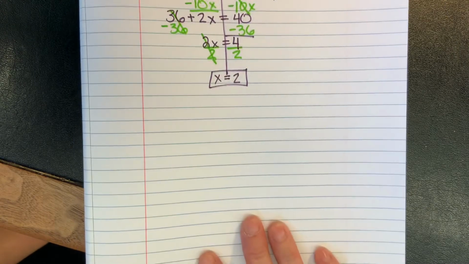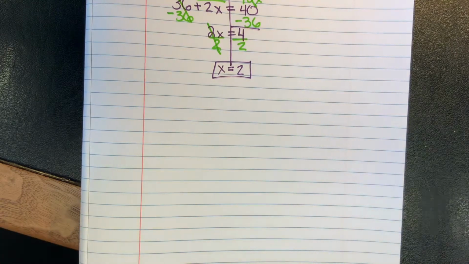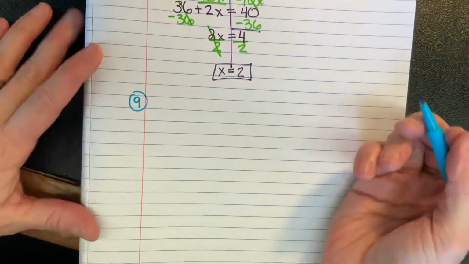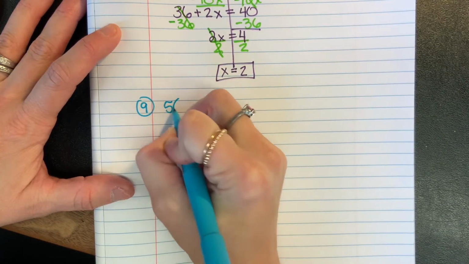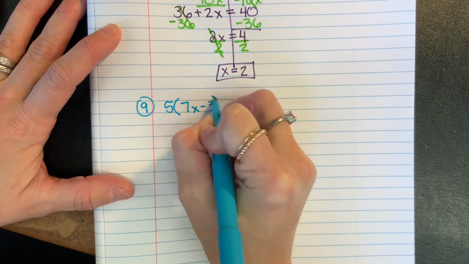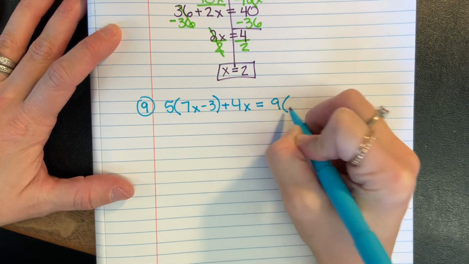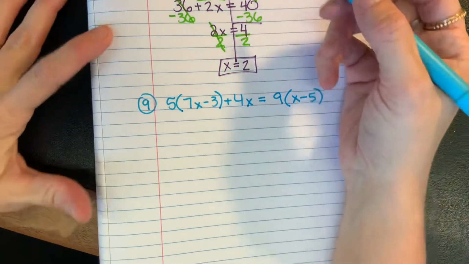Okay, last one here. Number 9. Okay, let's do 5 parentheses 7x minus 3 plus 4x equals 9x minus 5. Really long equation.